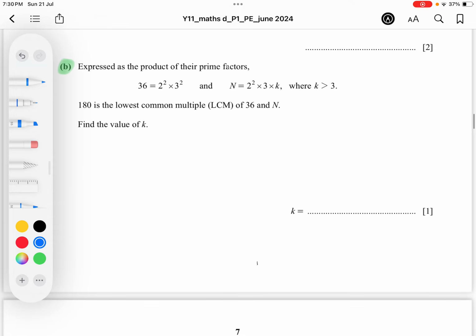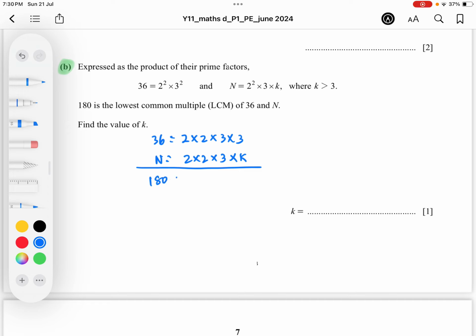Next one is the LCM. Okay, so 36 is 2, so I'll expand the product. N is 2 times 2 times 3 times k, and 180 is the lowest common multiple for these three numbers.